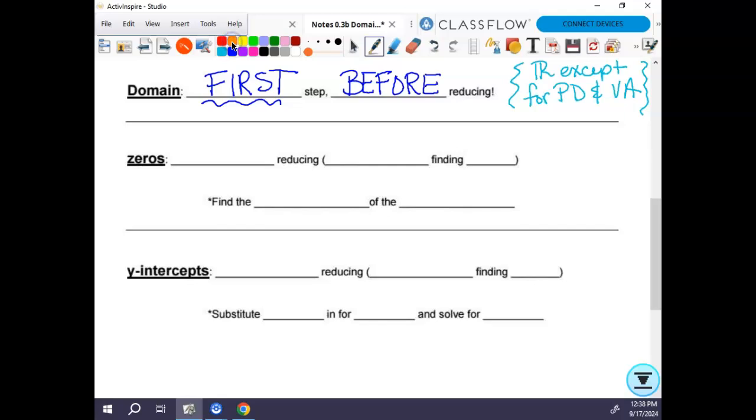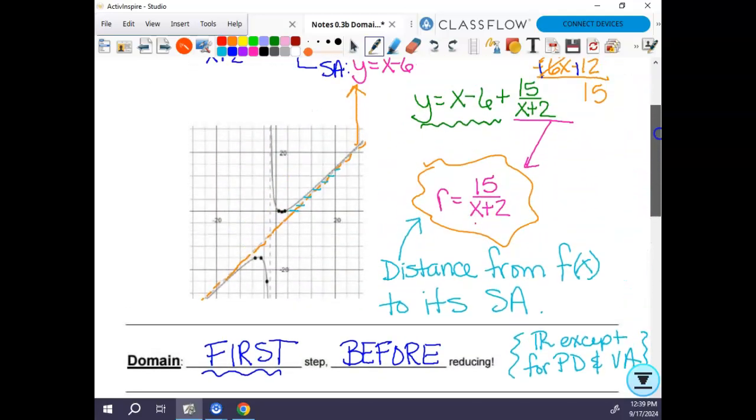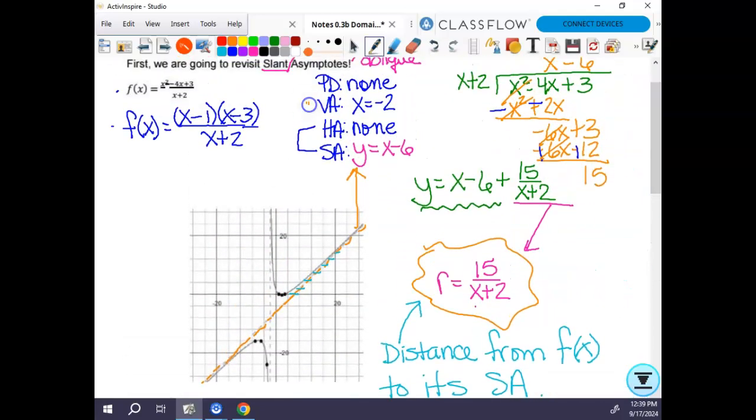All right, so then our zeros, which are still our x-intercepts, our solutions, our roots, whatever. These we find after reducing. That means after finding point discontinuity. So when we found vertical asymptotes, let's just go back to that. When we found our vertical asymptote here, we found the zero of the denominator, right?